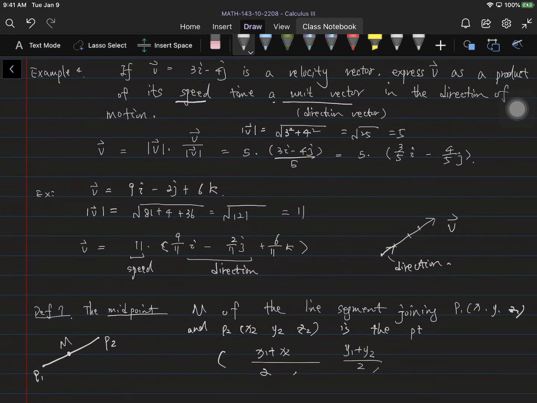Before we learned this in 2D, so here's the 3D, z1 plus z2 over 2.